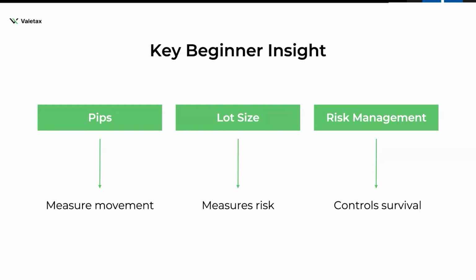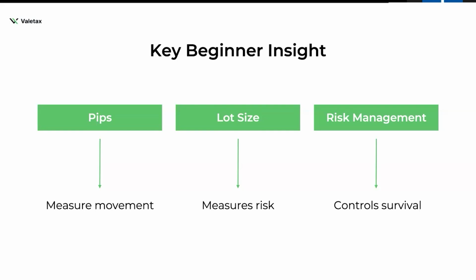So if you're risking 10 pips and you're using 0.1 lot size, it means that your risk is going to be $10. If you go to the micro lot, which is 0.01, now 10 pips becomes just $1. So if you're risking 10 pips, you know you're putting $1 of your capital at risk. That is how lot size translates to pips.